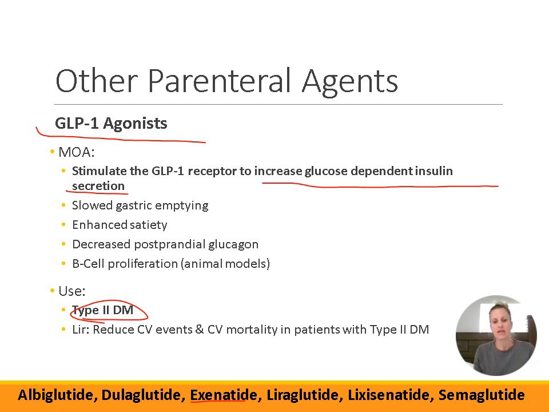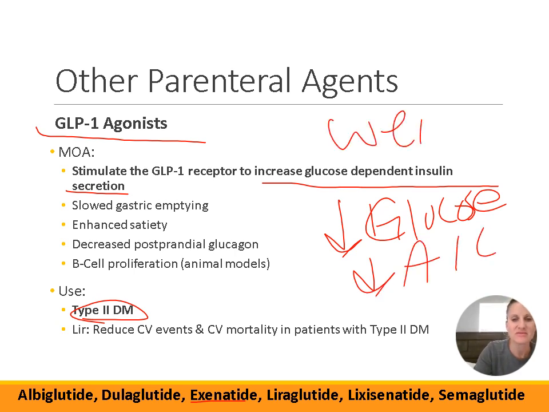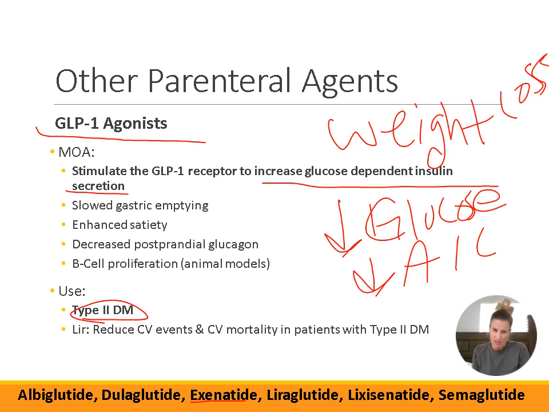Overall, the increase in insulin secretion, the improved satiety, and the decrease in postprandial glucagon all lead to a decrease in blood glucose, a decrease in the hemoglobin A1C, and something else that's really helpful in type 2 diabetes: we see weight loss. We do see weight loss in patients who are on GLP-1 agonists.